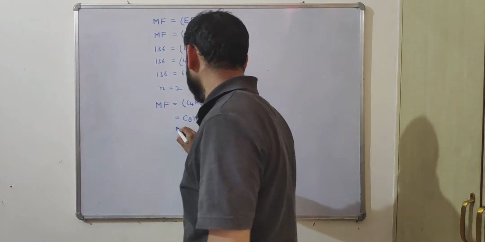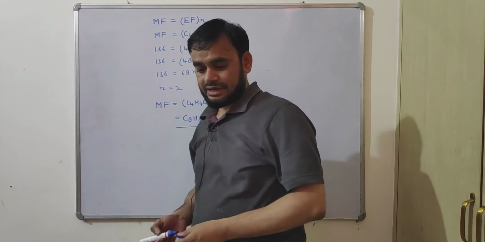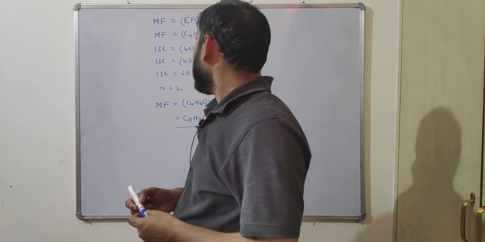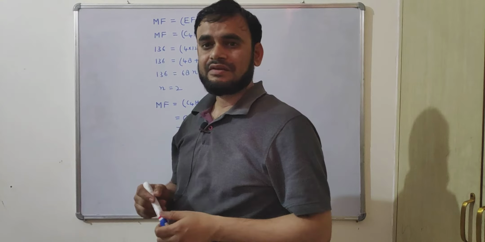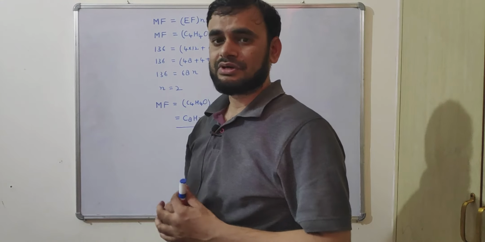So the molecular formula of the compound is this. So in this way we can find out the empirical formula and molecular formula of a compound if mass percentage of the element and molecular weight of the compound is given.